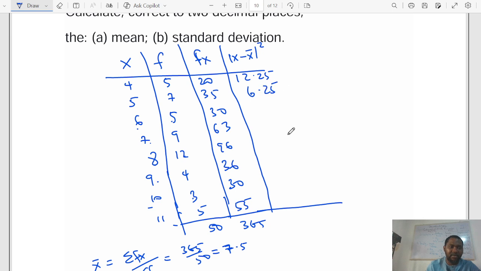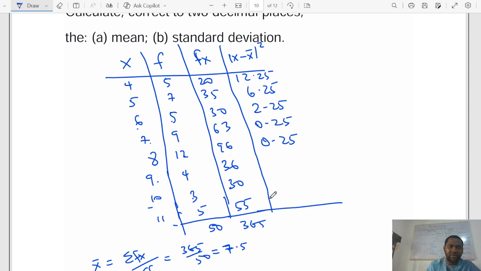Then the other one is 6. If you do the same for 6, you're going to get 1.69. The other one is 7. If you do for 7, you're going to get 0.09, of course. Then the next one is 8. If you do for 8, you're also going to get 0.49.